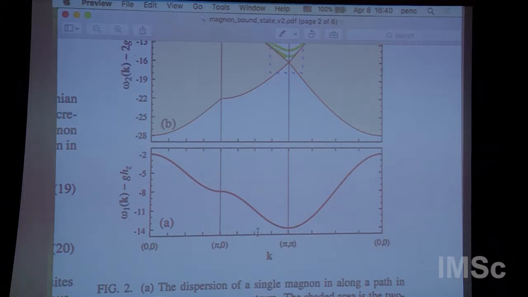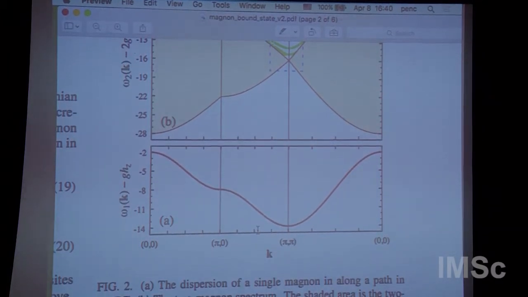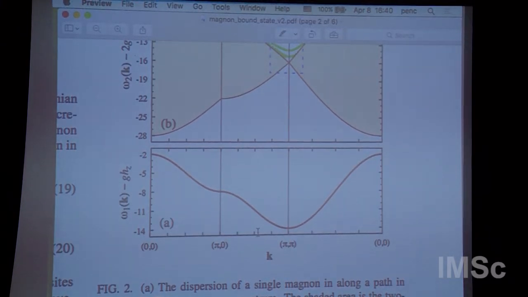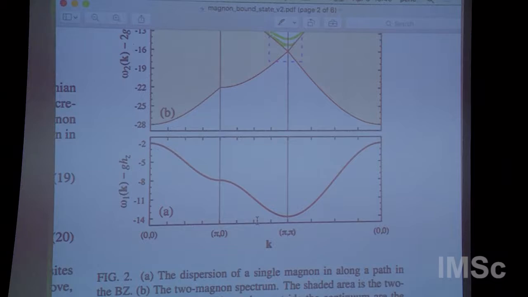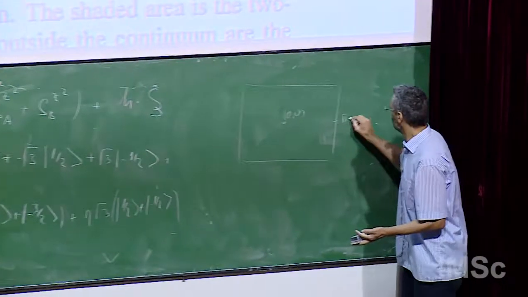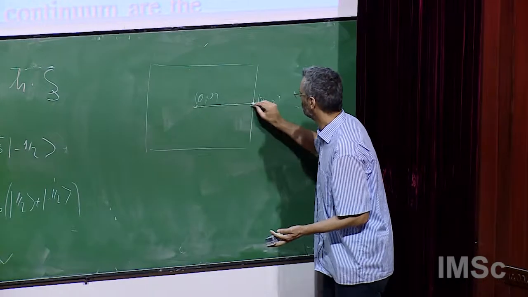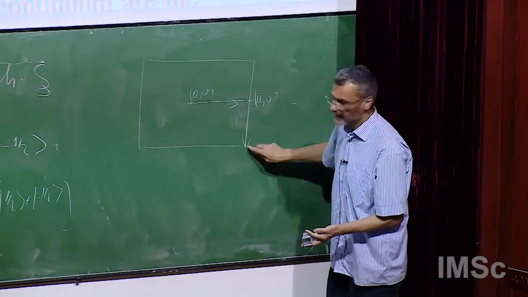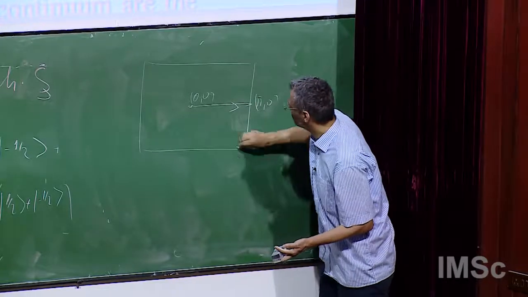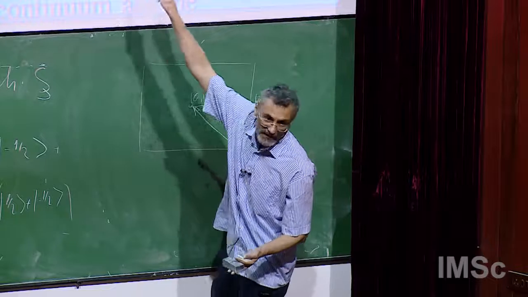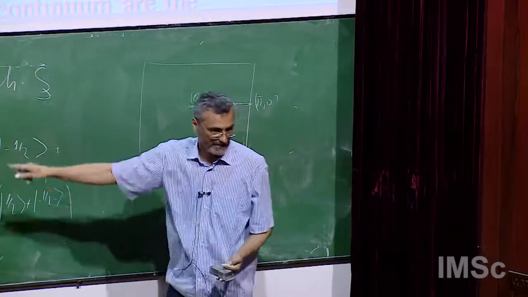The path is as follows. This is the 0, 0. From 0, 0, we go to pi, 0, somewhere here maybe. Then from pi, 0, we go to pi, pi. It is here. And then from pi, pi, we go back to 0, 0. This is the path, and this is the dispersion of the excitation.